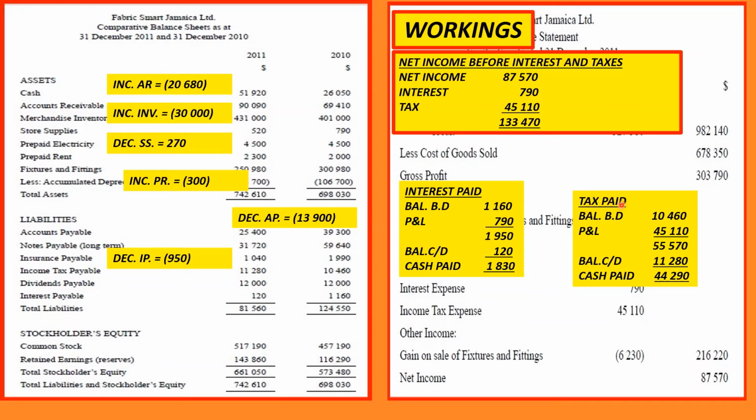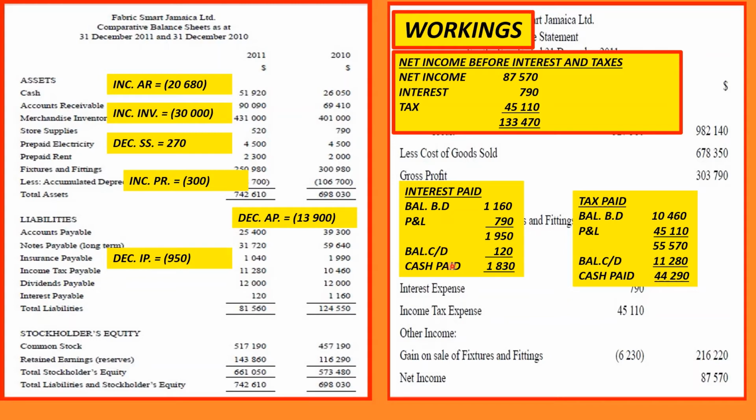And then we do the same thing with the taxes, and we get 44,290. Okay, so balance brought down with 10,460 from here, and then we get the profit and loss account 45,110, and we minus the balance carried down 11,280, and we will get 44,290 has been paid.